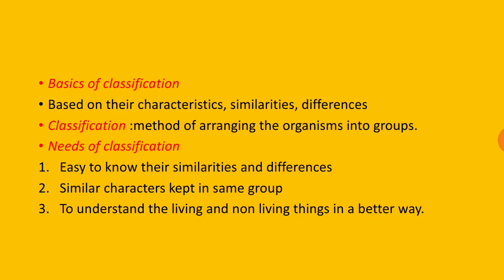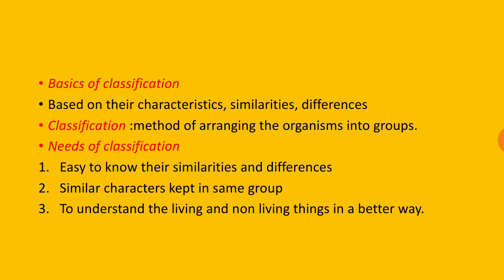So what is meant by classification? It is the method of arranging organisms into groups. If animals have similar characters, they are in one group, similarities form one group, differences form another group. In such a way we can make them into different groups.